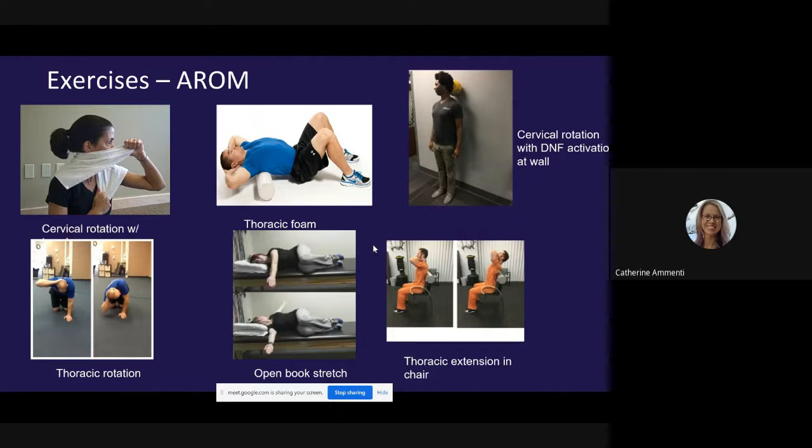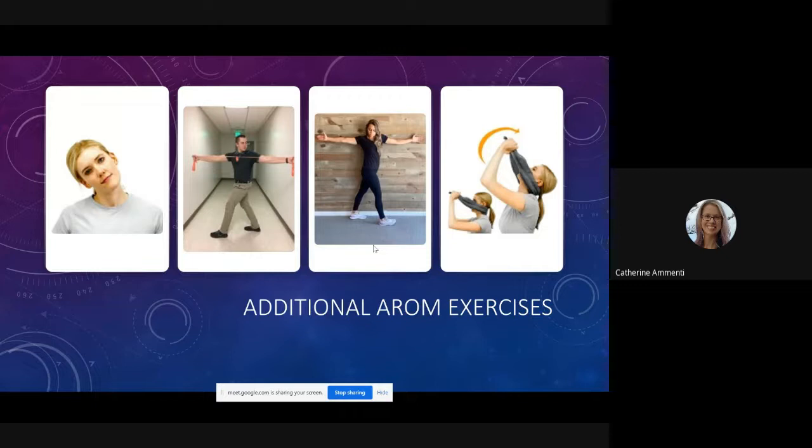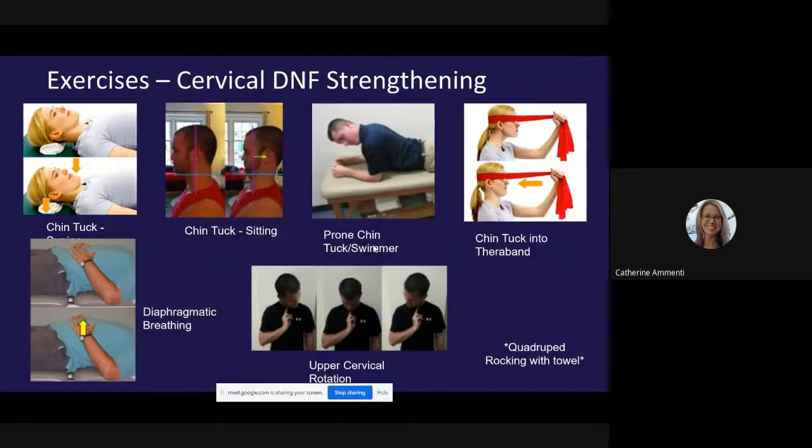So these exercises here are to facilitate range of motion. These will also facilitate range of motion, and you can see which ones are more contributing to rotation versus side bending versus flexion extension. These are progressions of deep cervical neck flexor strengthening.